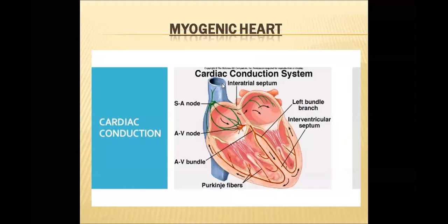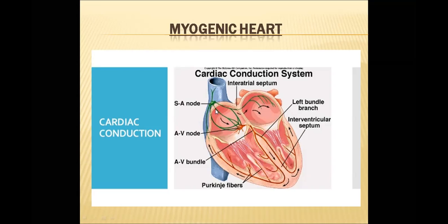Another topic is myogenic heart and neurogenic heart. You must be familiar with the cardiac conduction system. You must have studied this in your second year intermediate course. In the cardiac conduction system, we have the SA node and the AV node. From the SA node, some conducting fibers, a special type of muscle fibers, are distributed throughout the auricles.